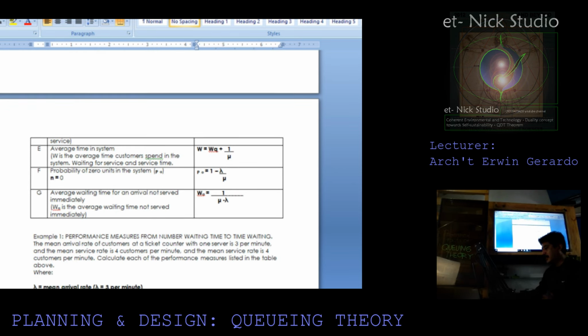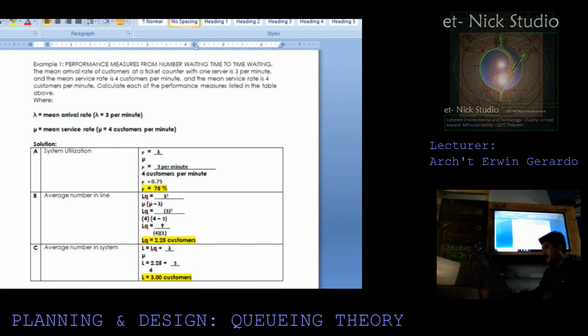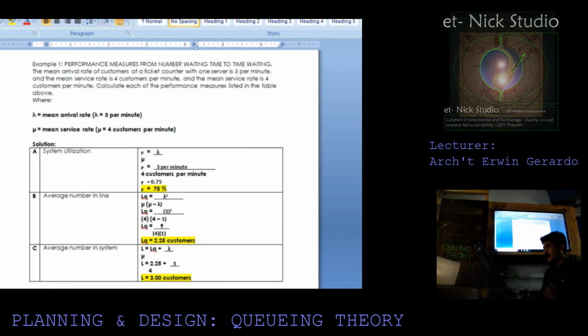Now let us discuss example 1. Performance measurement from number waiting to waiting time. The mean arrival rate of customers at a ticket counter with one server is 3 per minute, and the mean service rate is 4 customers per minute.